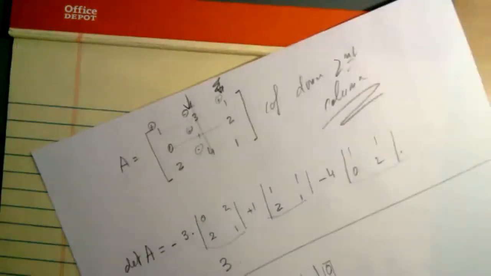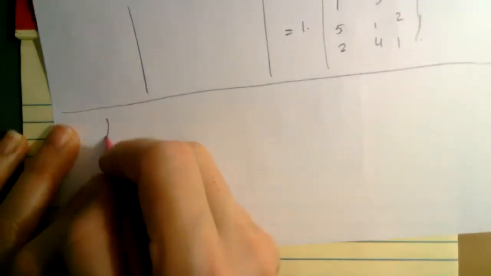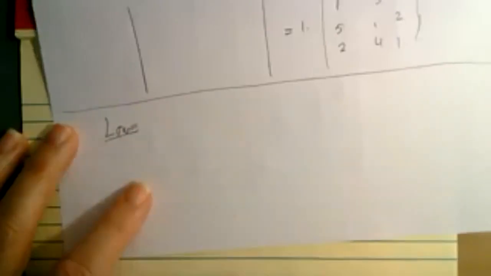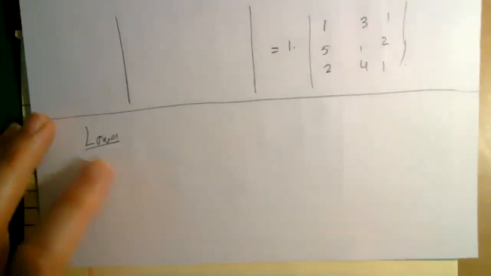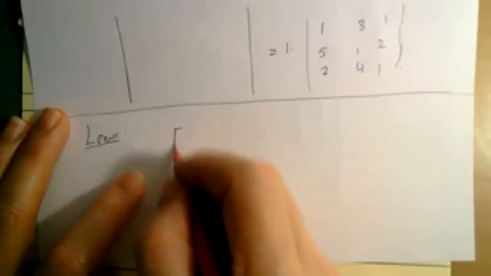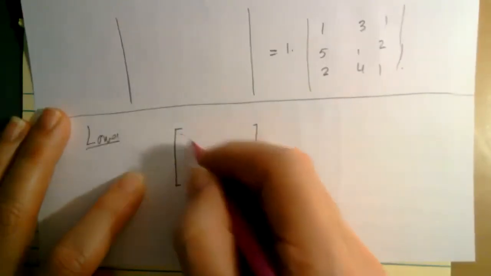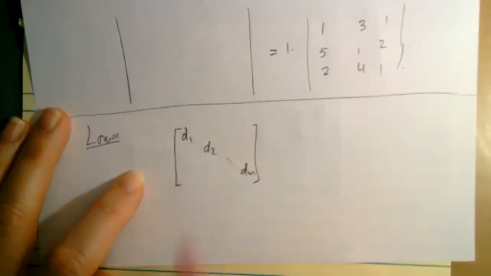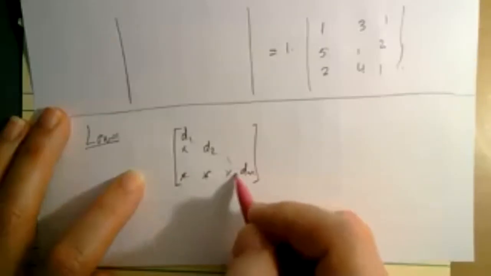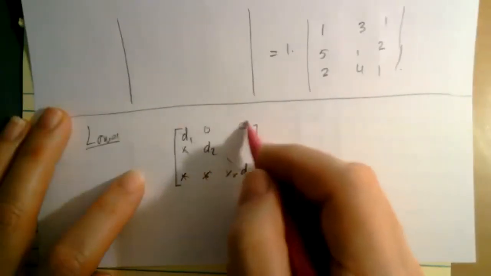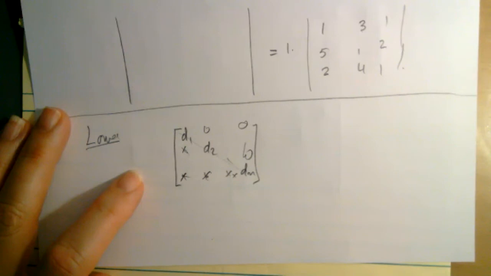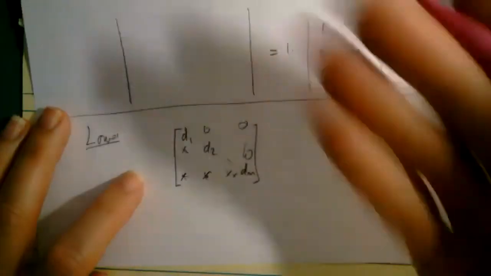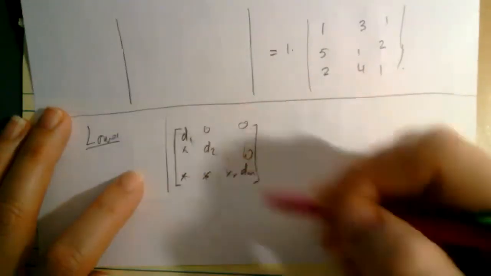Now, another special matrix: the same way you have upper triangular, you can talk about a lower triangular matrix. A lower triangular matrix is a matrix where all the terms above the diagonal are zeros. You have a bunch of terms along the diagonal, everything above the diagonal is 0, and below we can have anything.